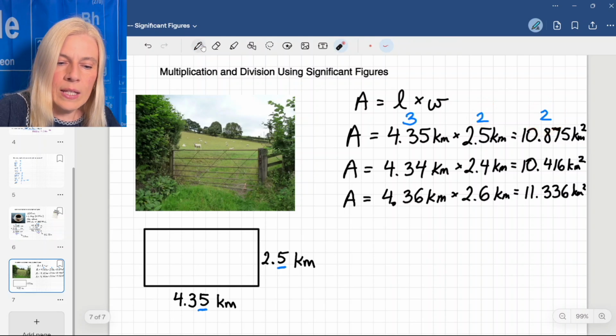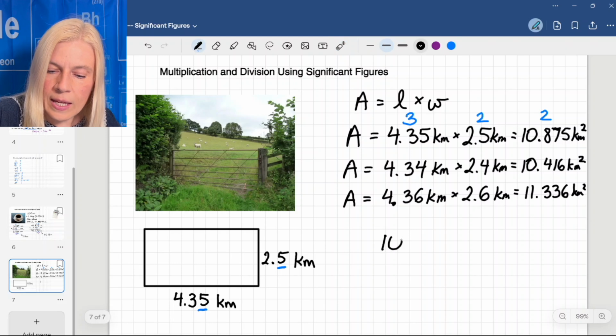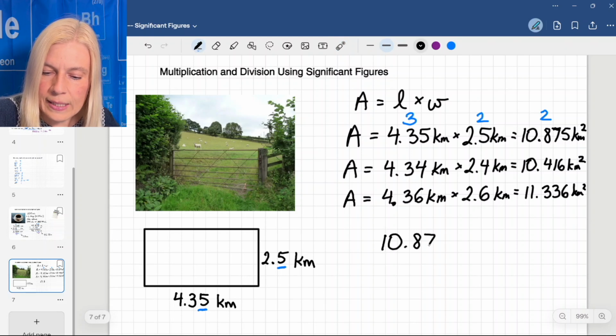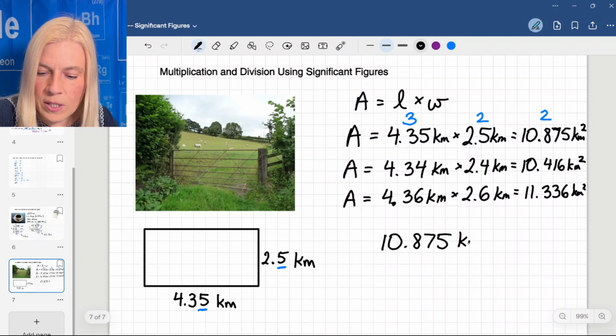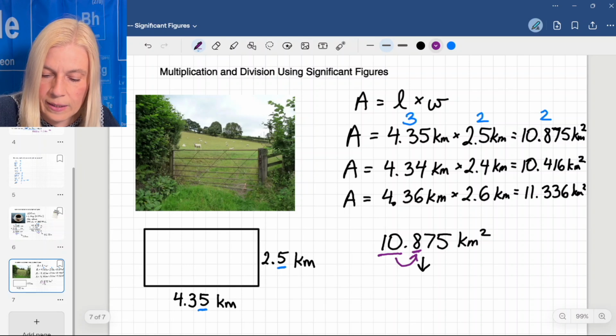So let's write this down. If I have 10.875 kilometers squared, and I want to show this with 2 sig figs, these numbers will be certain, and this is my estimated one. I have to look at the 8 behind it.